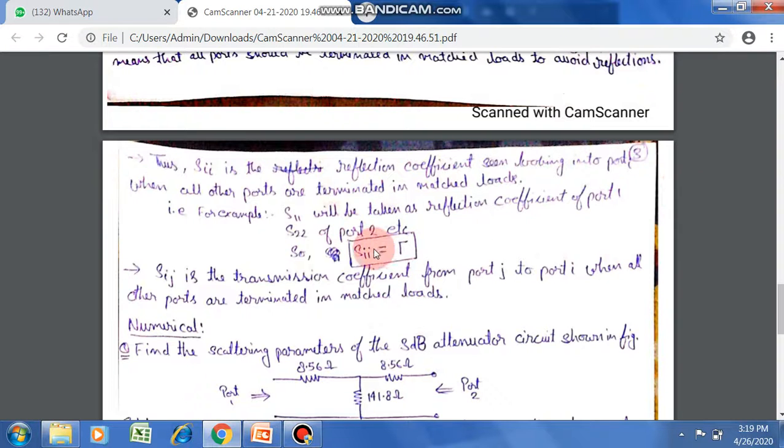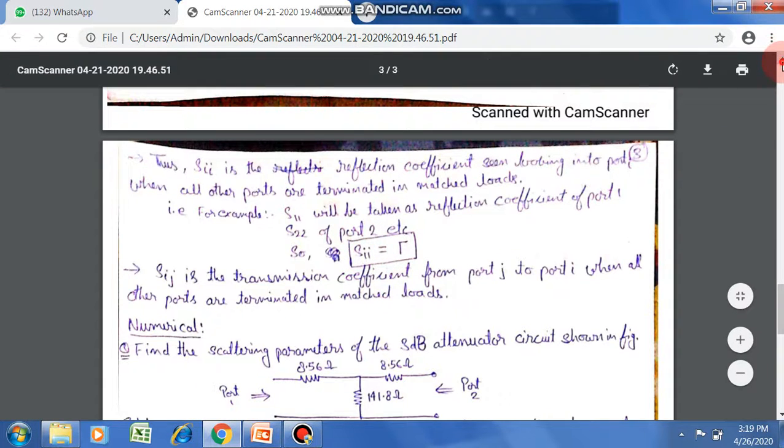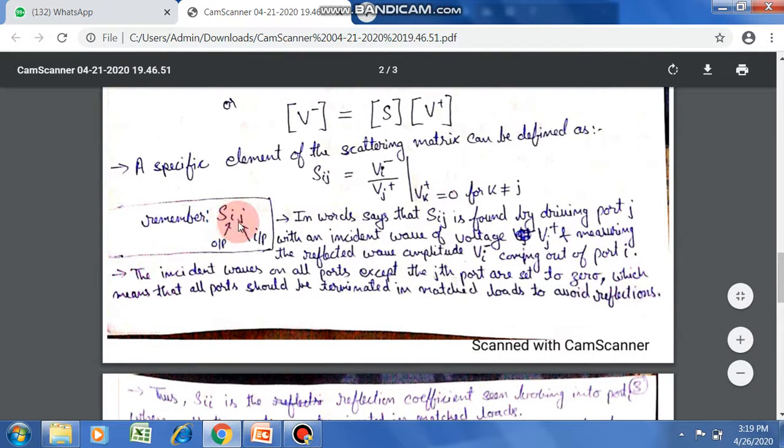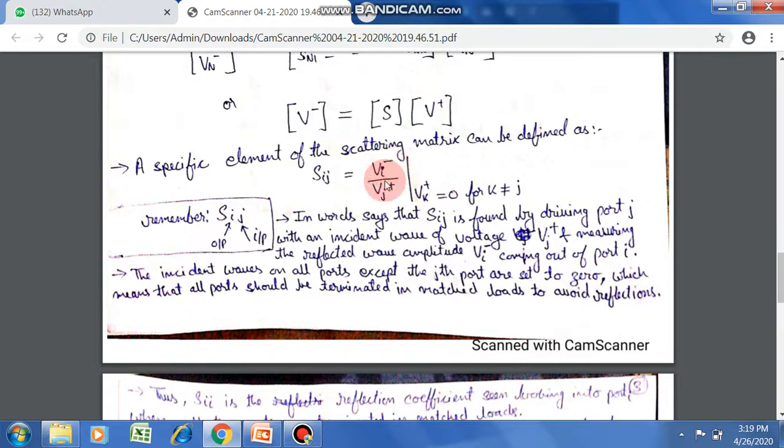Now how is Sii equal to gamma? When you take Sii, you are taking output and input at only one port. So it is Vi minus upon Vi plus for Sii, and all other ports are matched. So whatever reflection you are getting at port 1 or 2, it will give that.